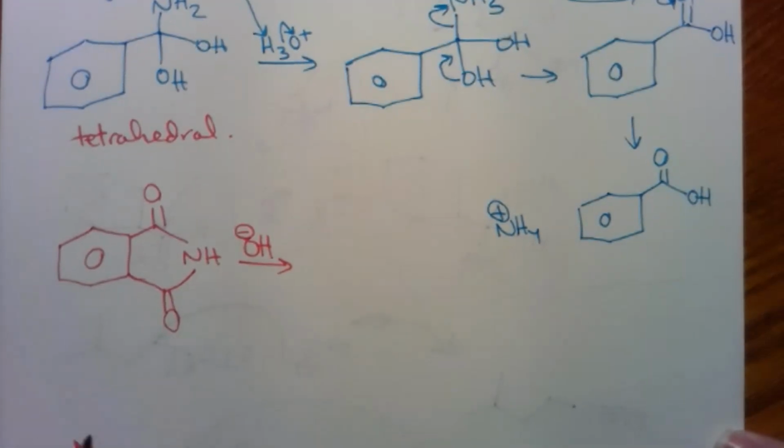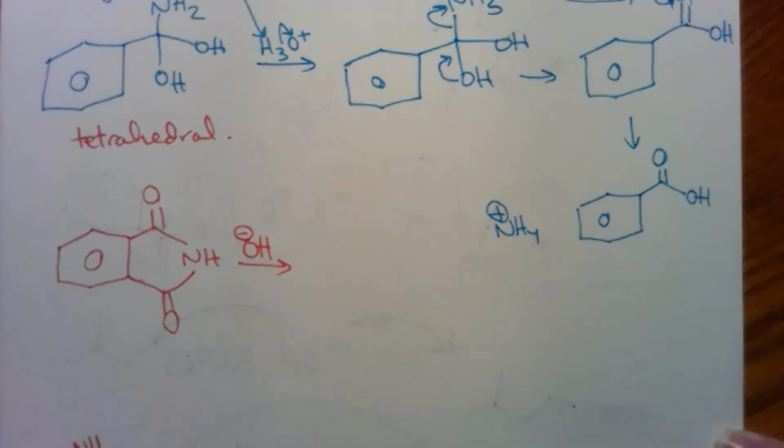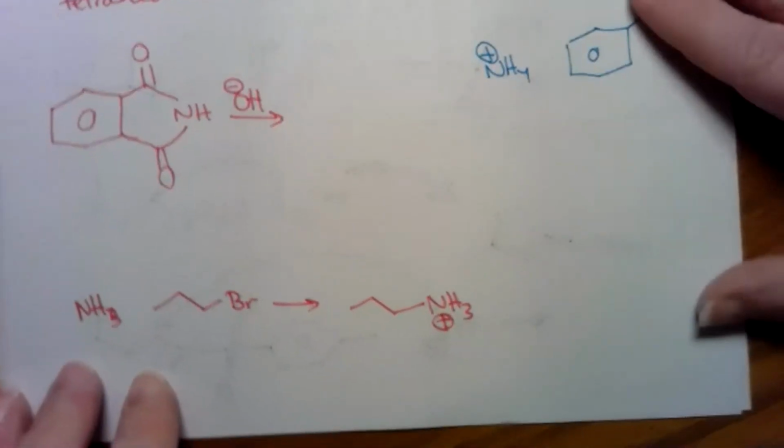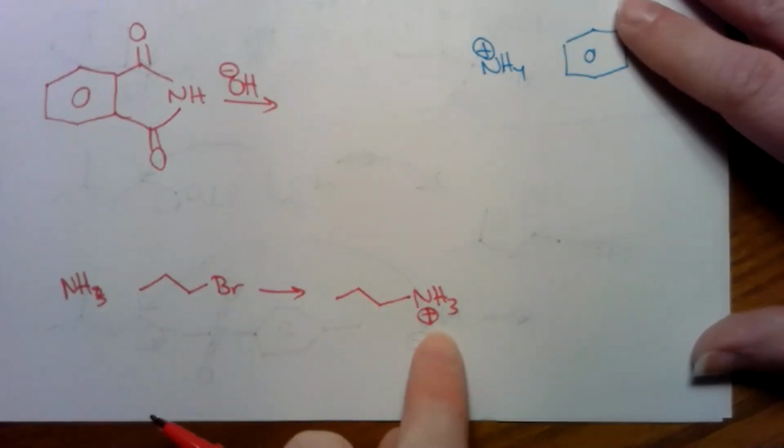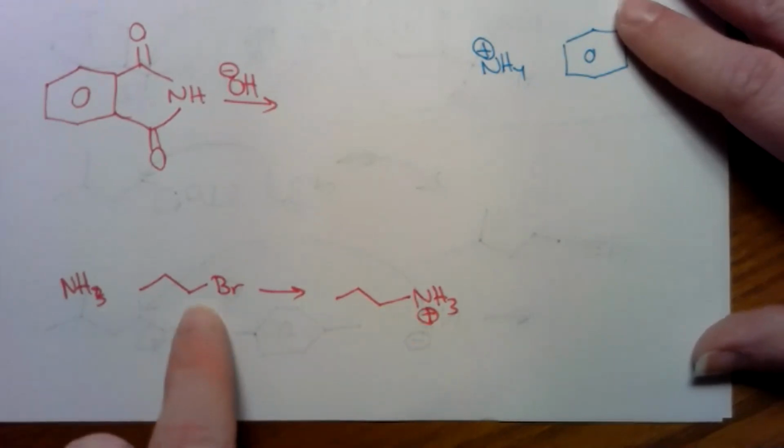It's difficult to turn an alkyl halide into a primary amine, like this down here. Because what happens is amines are bases, it's going to deprotonate, it will attack again and again and again and again.